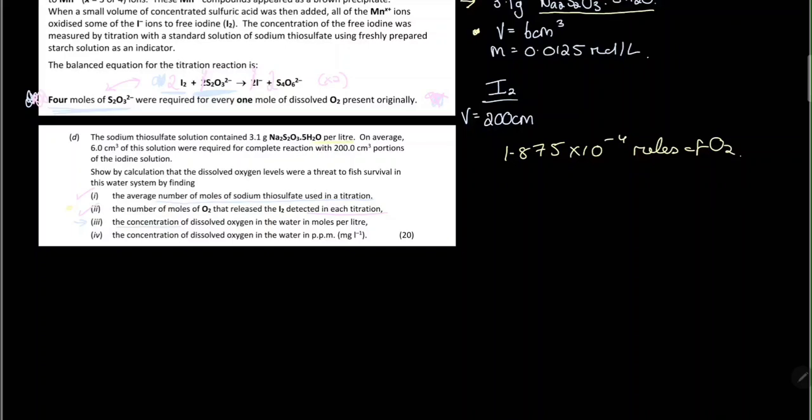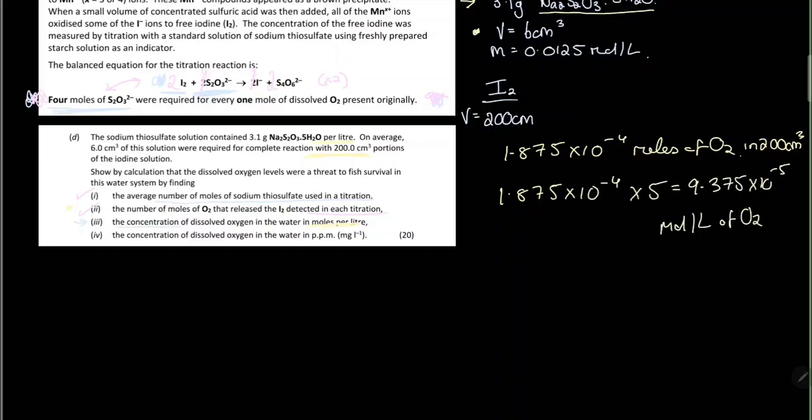And in each titration, there was 200 centimetres cubed. So if I want to bring that up to moles per litre, there's 5 lots of 200 centimetres cubed in a litre. So I'm just going to take that number, 1.875 by 10 to the minus 5, and multiply it by 5. And I should get the exact same answer. Just by copying that it is in 200 centimetres cubed, and I want to bring it up to a litre, you can do the question in a much simpler fashion, in 2 sentences rather than all of that.